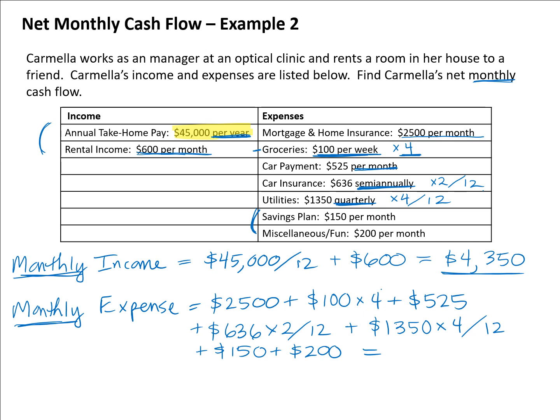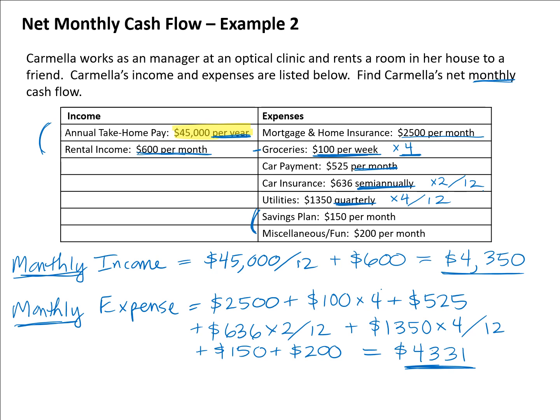So when we add all of that up, $2,500 plus her groceries at 100 times 4, plus her car payment, $525, plus her car insurance, $636 times 2 divided by 12, her utilities at $1,350 times 4 divided by 12, and then savings plan at $150 and miscellaneous and fun at $200, we get exactly $4,331 in expenses.